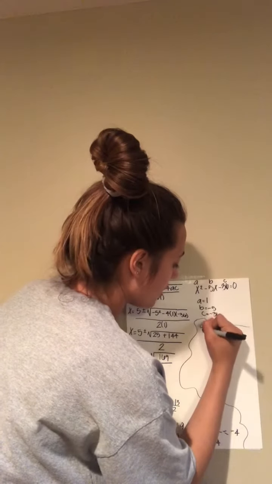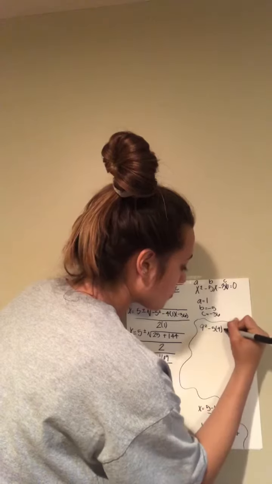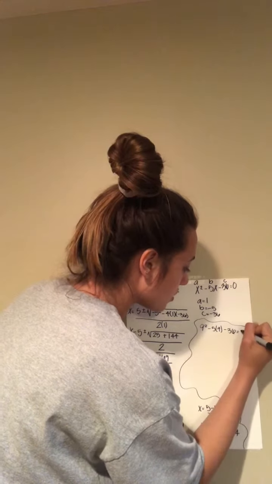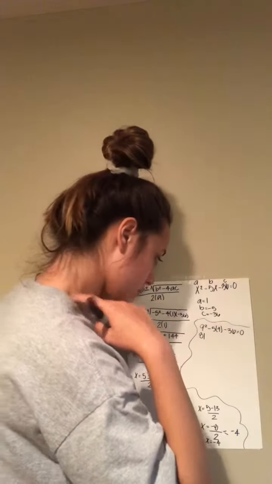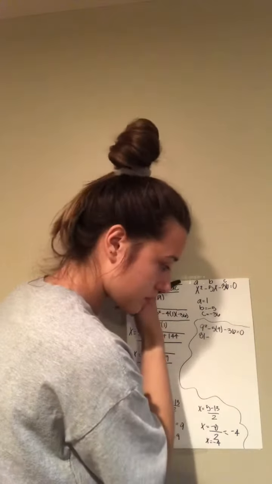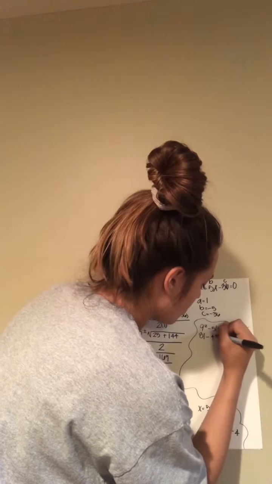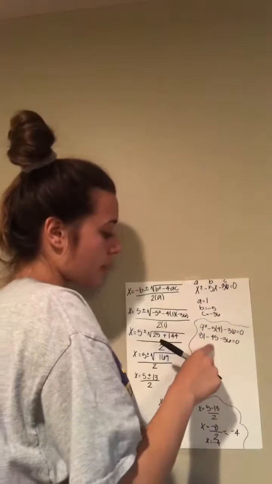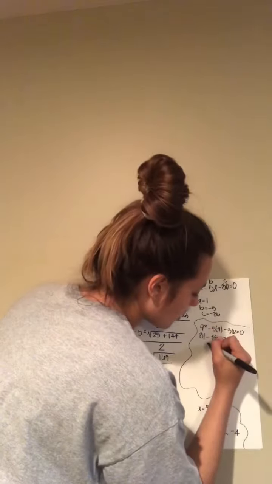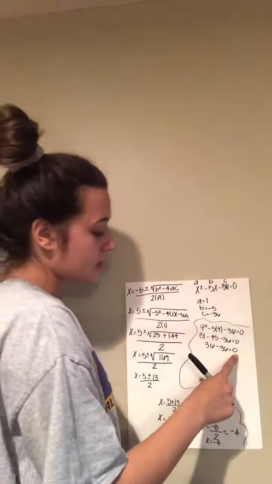So it would be 9 squared minus 5 times 9 minus 36 equals 0. 9 squared is 81, minus 45, minus 36 equals 0. 81 minus 45 is 36, minus 36 equals 0. And 36 minus 36 is 0.